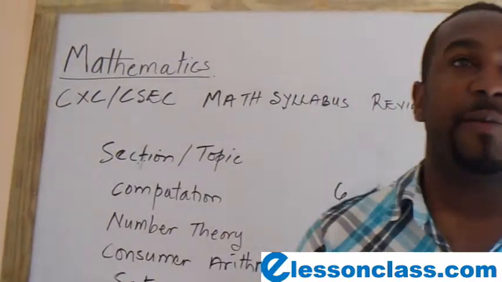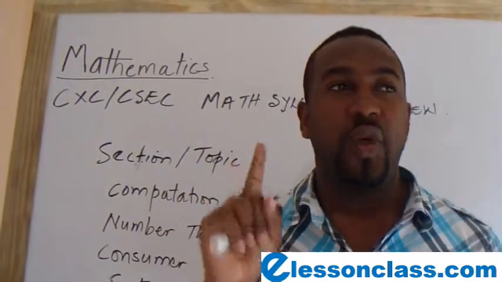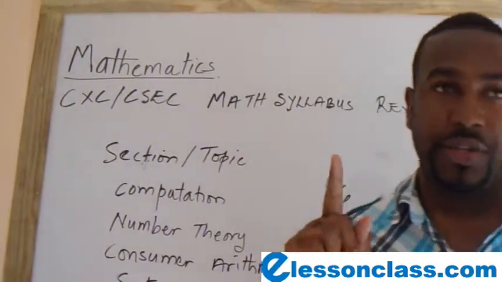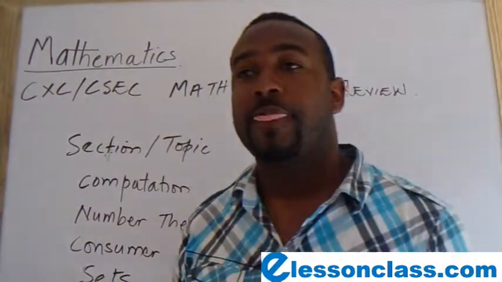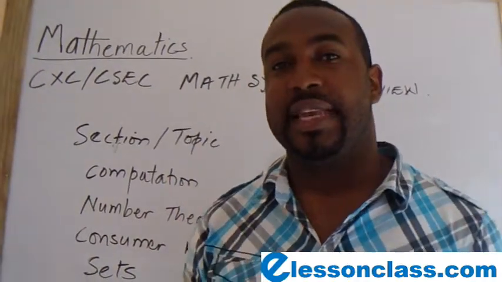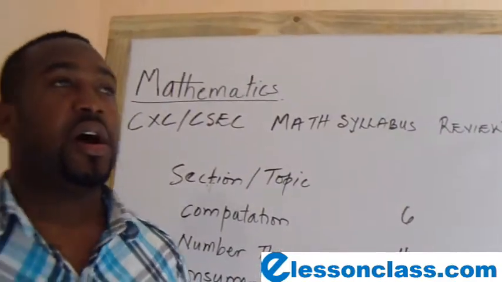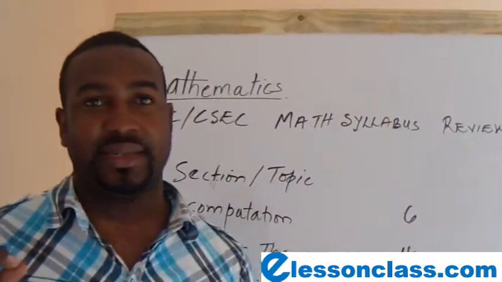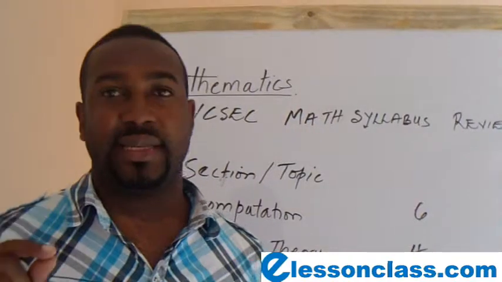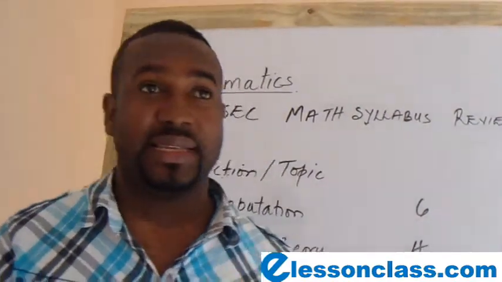As I was saying earlier, Paper 2 consists of 2 sections. Section 1, which is compulsory. What does that mean? It means that you will have to do all the questions in Section 1. Section 1 comprises 8 questions, and you are expected to do all 8 questions.